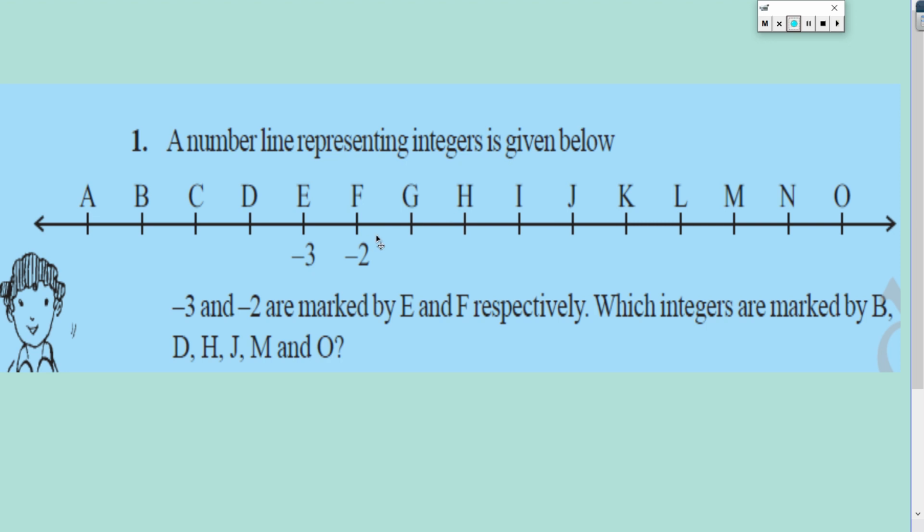Only -3 and -2 are marked by the letters E and F. What you have to do is find which integers are marked by B, D, H, J, M and O. So you have to find out where 0 is, then according to it you can count.